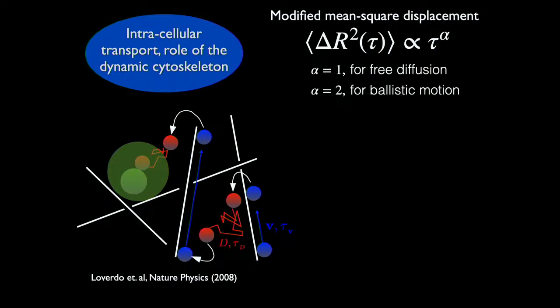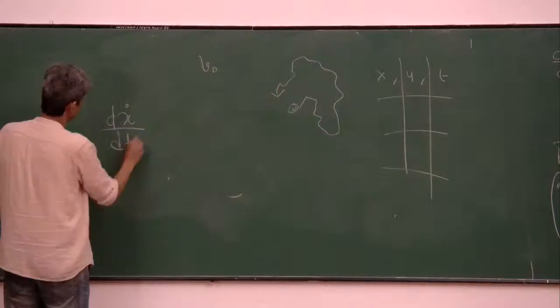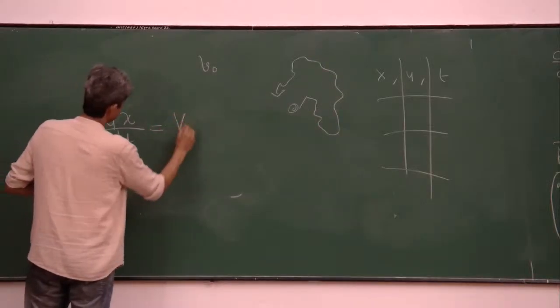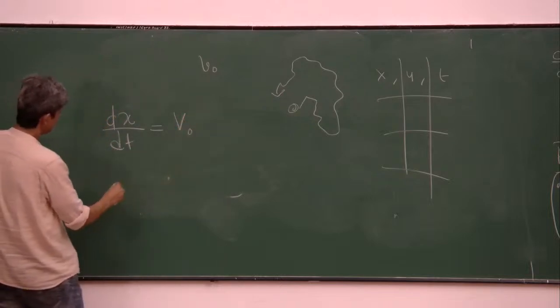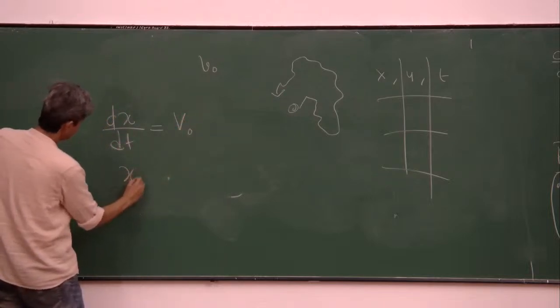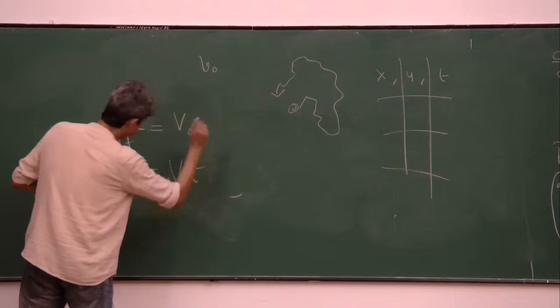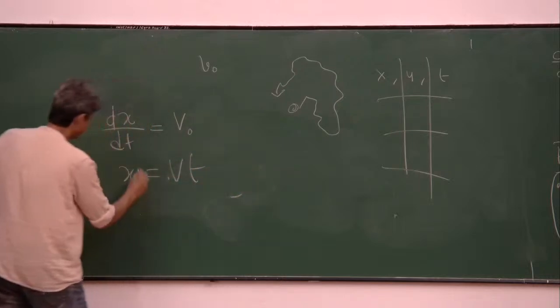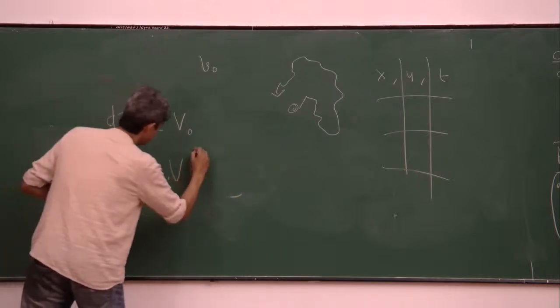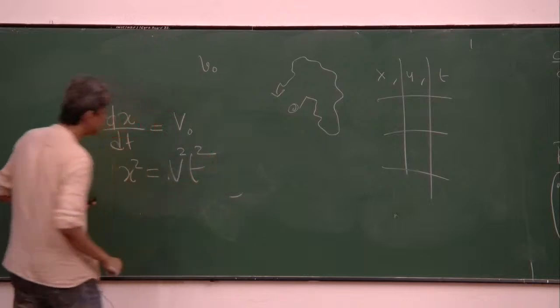If alpha equals 2, you can already see this. Moving with a constant speed, if you calculate x is Vt, I have dropped the constant, then x squared is V squared T squared.